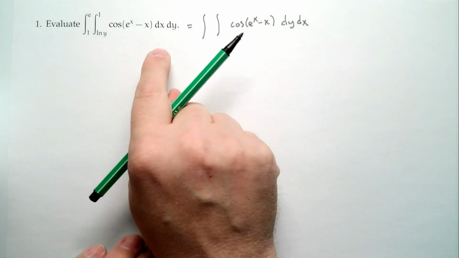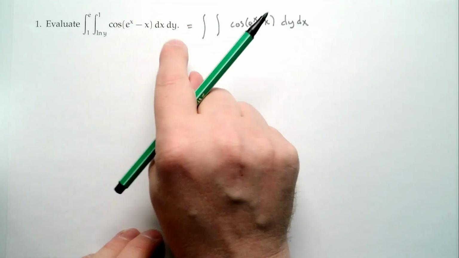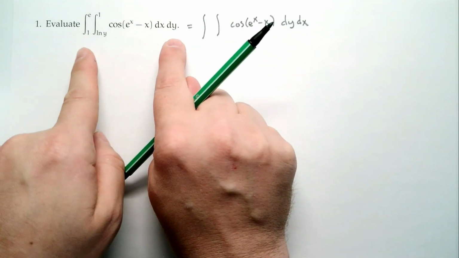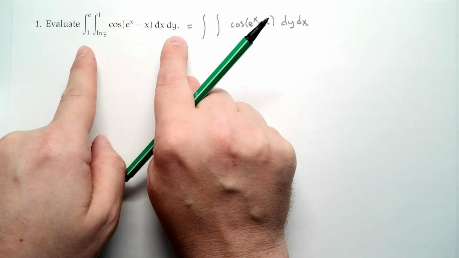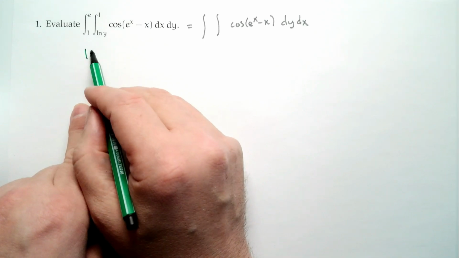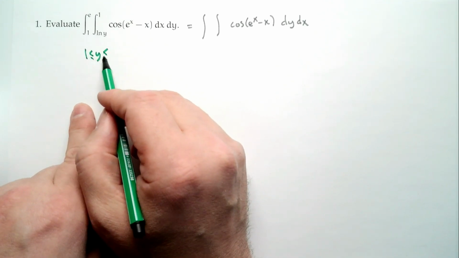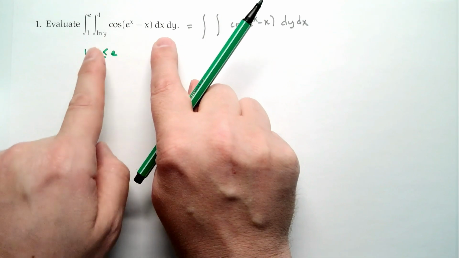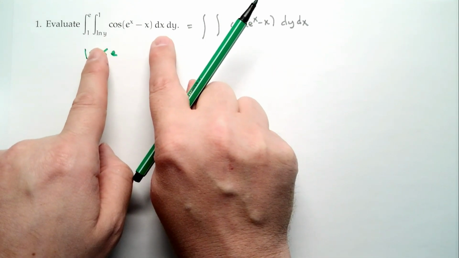So when we're looking at changing the order of integration, we want to understand the bounds. So remember that the outer integral goes with the outside d, so this tells us that y is going to go between 1 and e. Then the inner integral goes with the inner d.